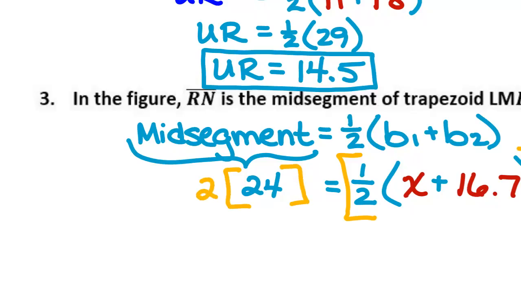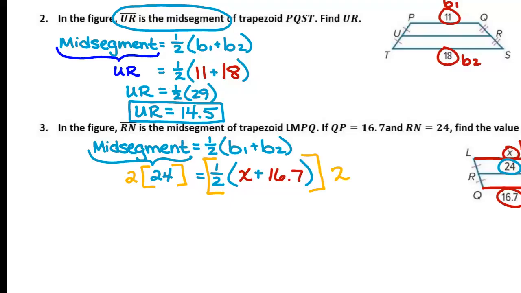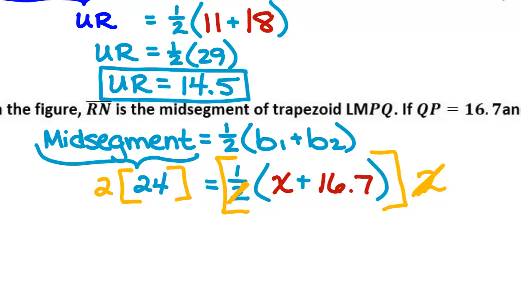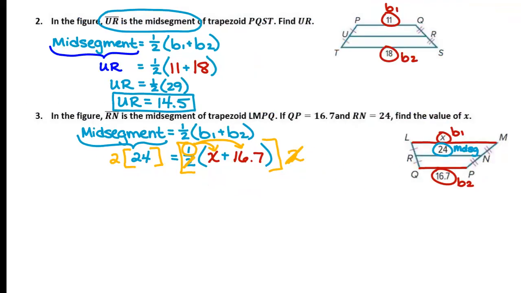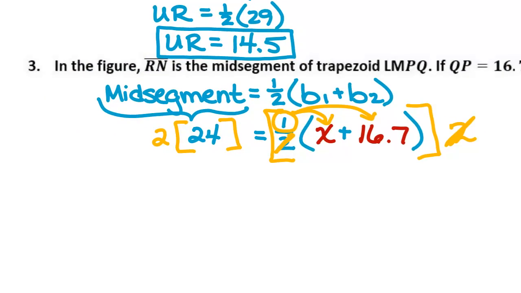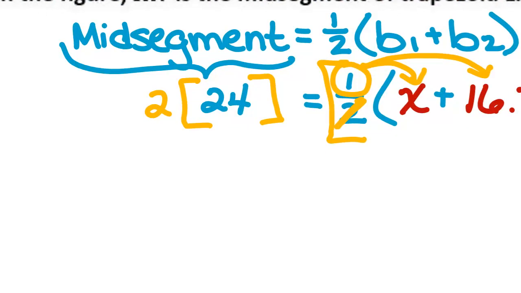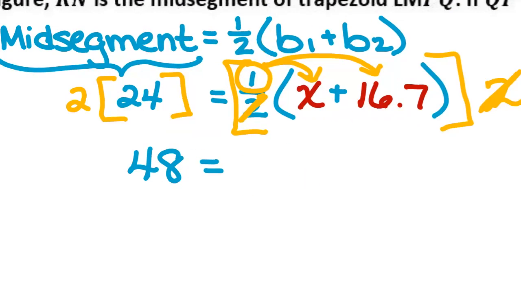We're going to multiply by 2. Over on the right, the 2 that I'm multiplying by and the 2 in the denominator cancel out. And so then I take the numerator, which is just a 1, and I distribute that. Over on the left, we have to do 2 times 24. What is 2 times 24? So 48 equals 1 times x, which is just x, plus 1 times 16.7, which is just 16.7.